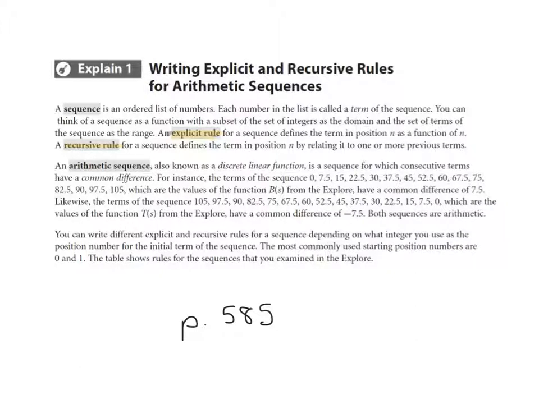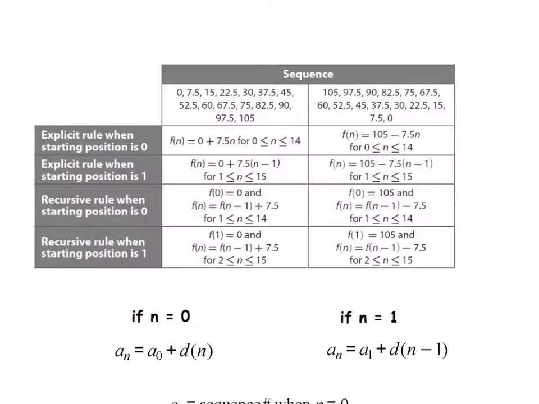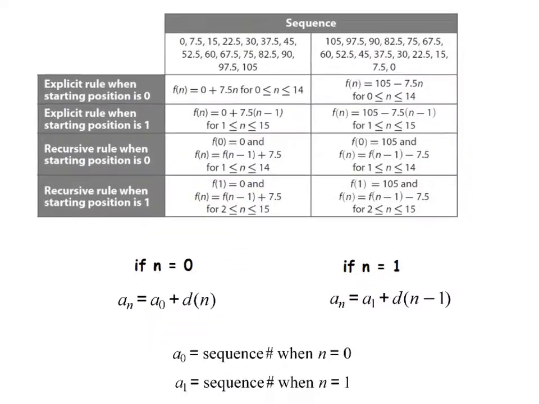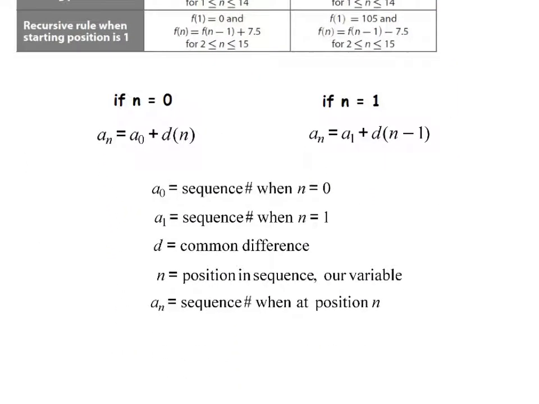In the middle of that page, your book goes into all this language about how to write these equations. I'm going to simplify all that for you. You probably want to record this either in your notes or your book somewhere. This is information that, yes, you do have to memorize.